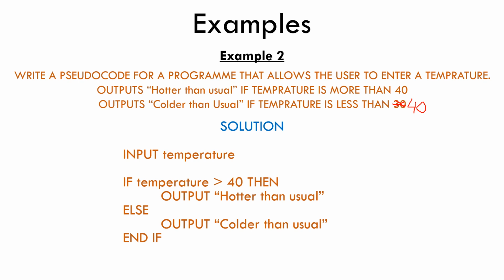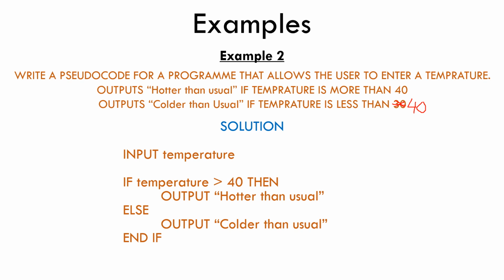Let's say this is an area where the general temperature is 40 or something like that. If you enter a value more than 40, it is going to say hotter than usual. If you enter a value less than 40, it is going to say colder than usual. Obviously these scenarios are our own creation, so there can be errors, but keeping in mind that we are only learning how to implement pseudocode, that is very much relevant to us.